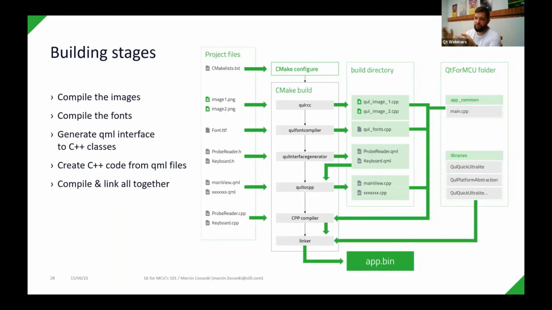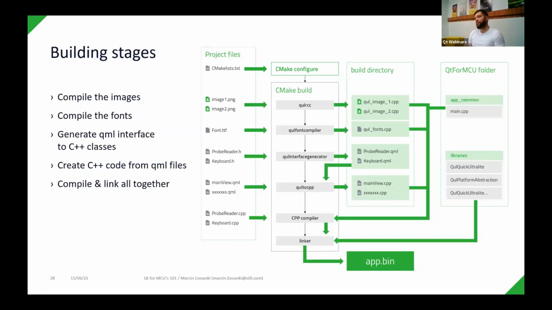Directly going to the next step, the compilation of the QML files, which means converting those to C++ implementation. Each QML file in Qt for MCUs is in fact converted to a C++ representation, and we are picking all QML files from your application and those from the previous step, and producing a C++ representation of all of those.